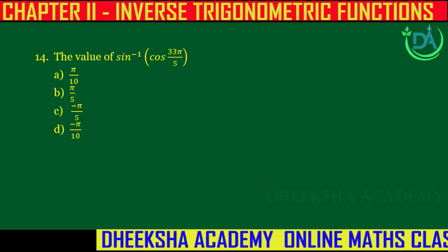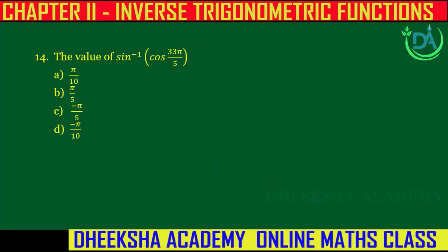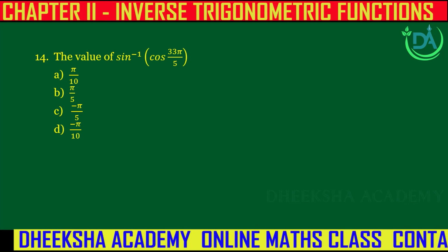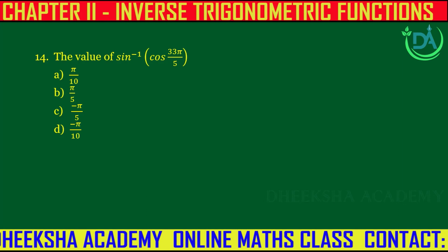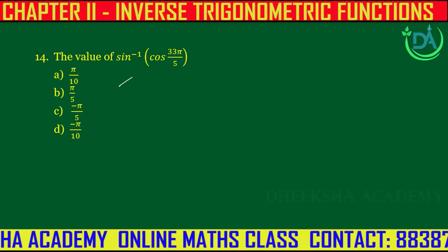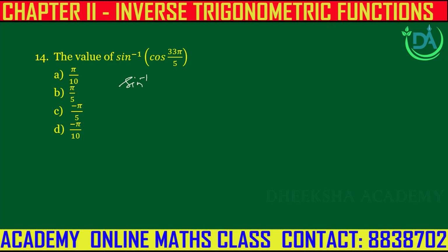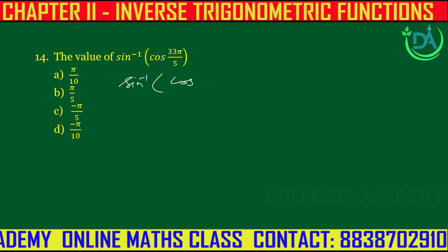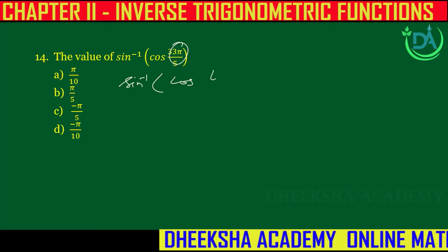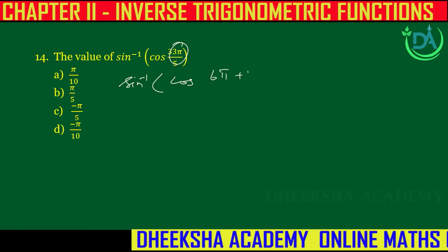The value of sine inverse of cos 33 pi by 5. Listen here. Sine inverse of cos, this 33 pi by 5 can be written as 6 pi plus 3 pi by 5.